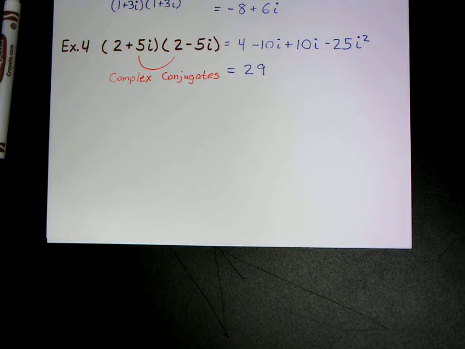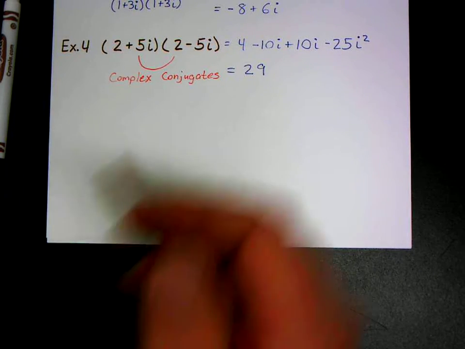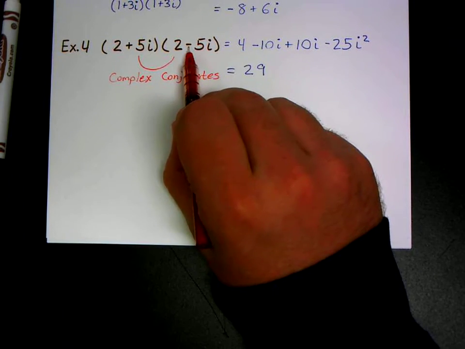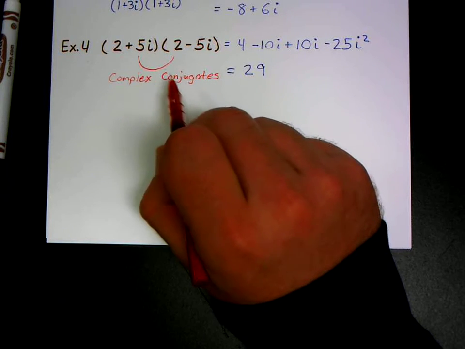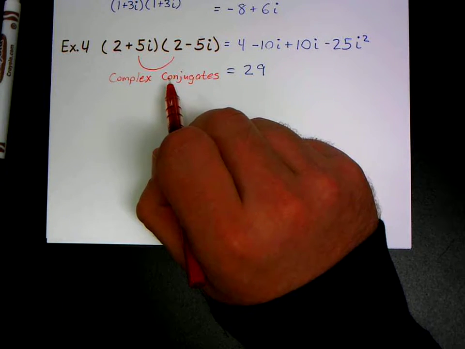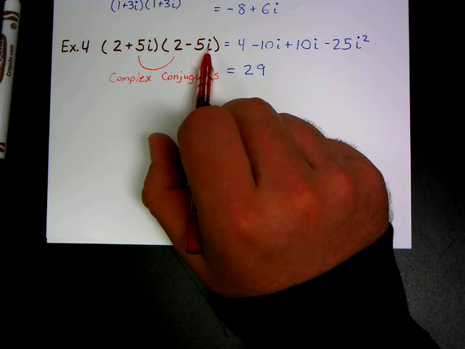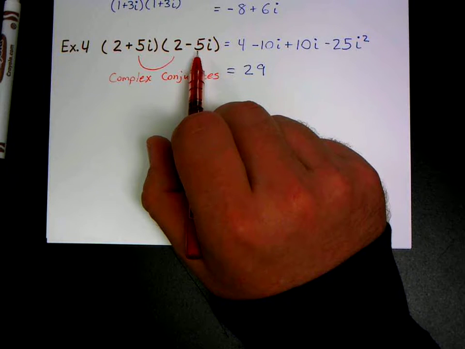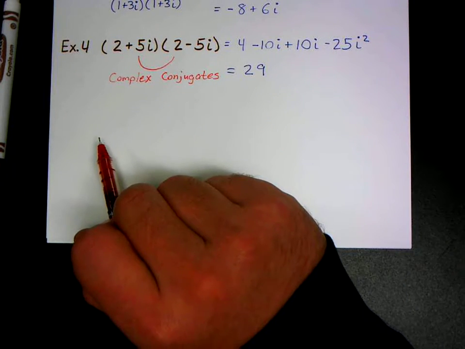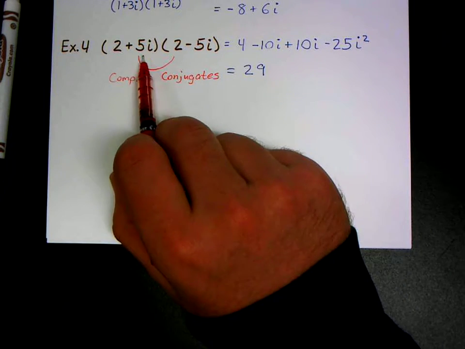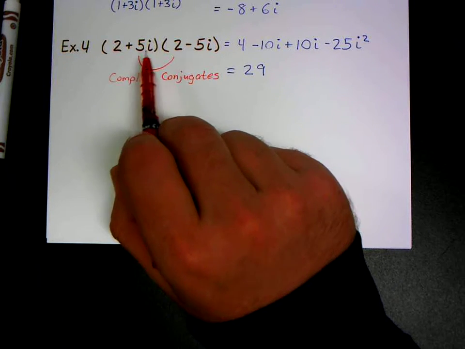Notice that what makes a conjugate is one has a plus, one has a minus in front of the square root. We talked about that the other day. Now, we do have a square root here because remember, i is the square root of -1. What happens is you get rid of your imaginary part. That's very important for division.